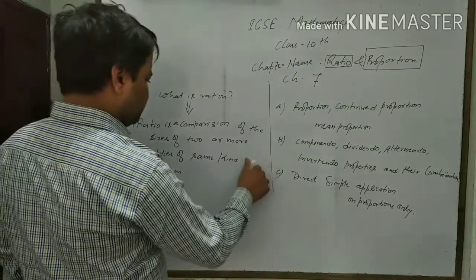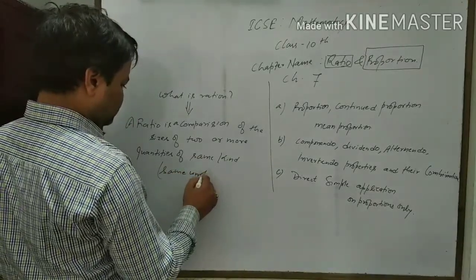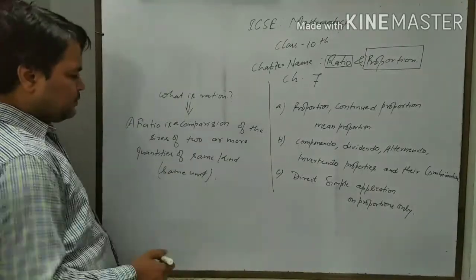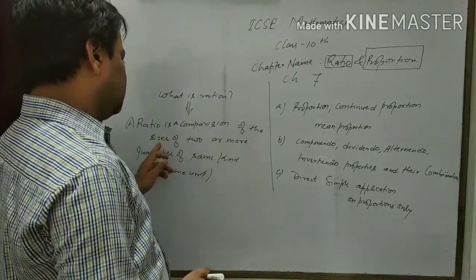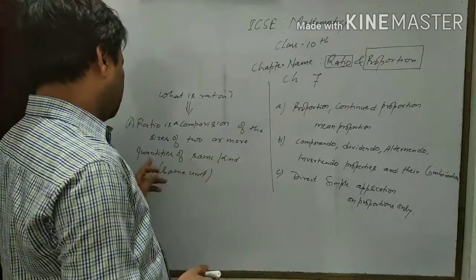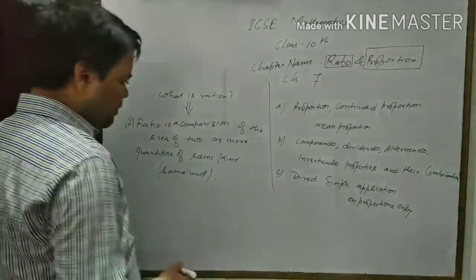Of the same kind means they should be of the same unit. A ratio is a comparison of the sizes of two or more quantities of the same kind by division.